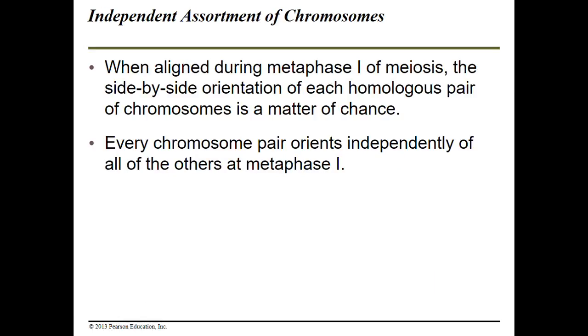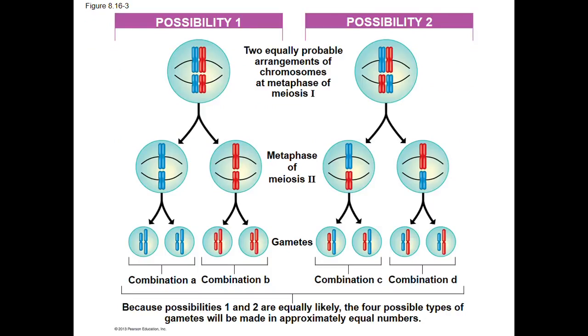So the independent assortment of chromosomes theory states that picking which homologous chromosomes go to which new cell during meiosis is random. So there's a 50-50 chance for each. Here are different possibilities, but in both there's a 50-50 chance for blue or red, right?